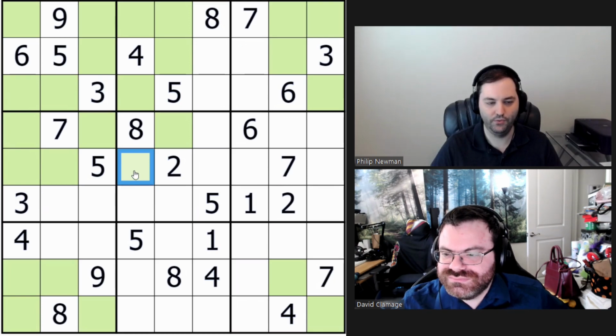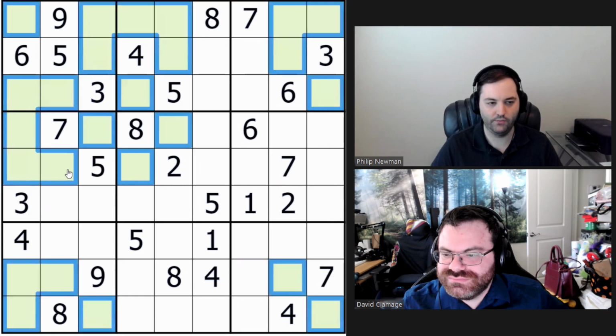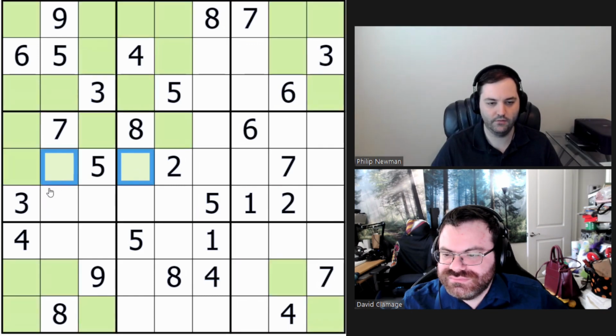So what I'm going to do is start here, and I'm going to use row 5, and I'm going to color these. Blue is good. And then I'm going to look at column 2. I'm going to add that.